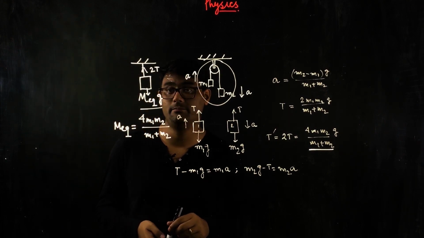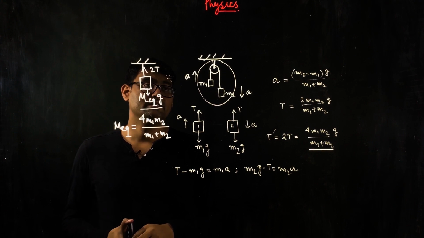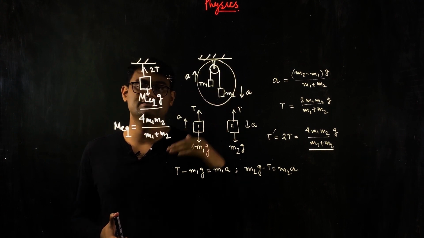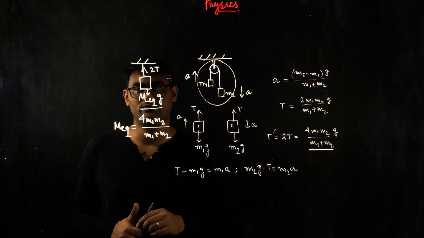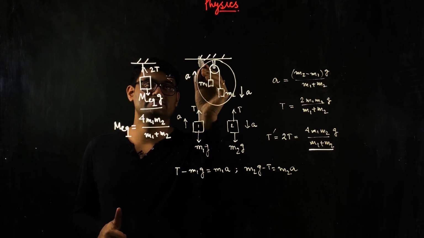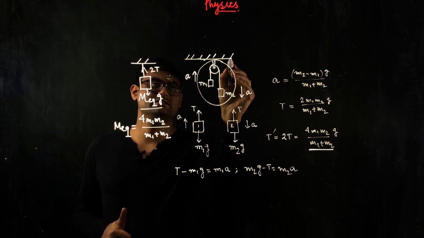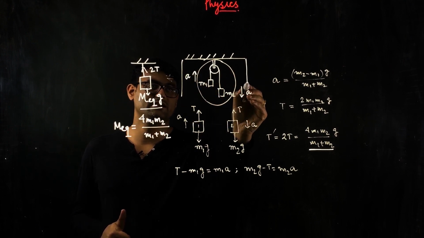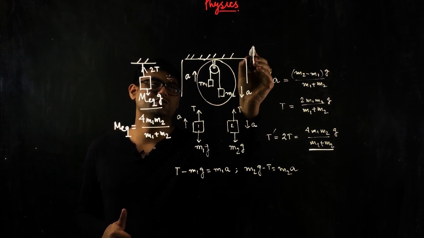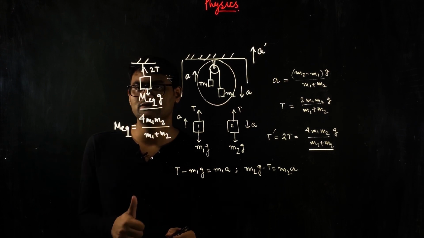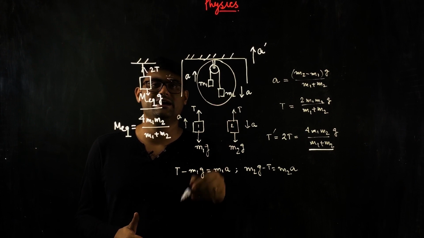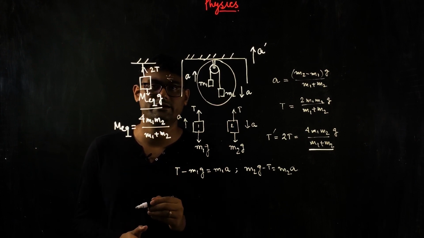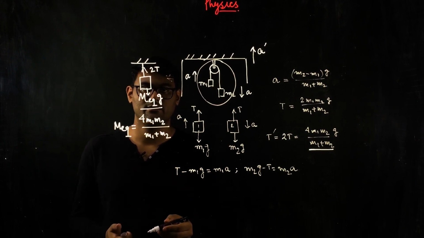And it always holds even if this pulley and mass system is accelerated. For example, instead of assuming it is connected to a fixed ceiling, if I assume it is connected to an elevator which goes up or down with some acceleration, then also I can substitute this entire thing by this mass equivalent without changing anything. Why?